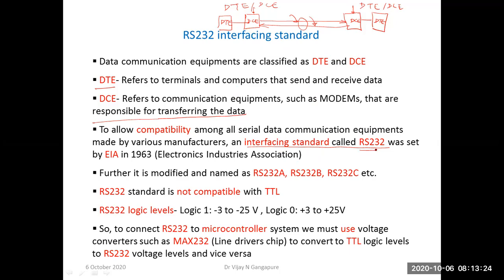So that any data terminal or data communication equipment I can use.